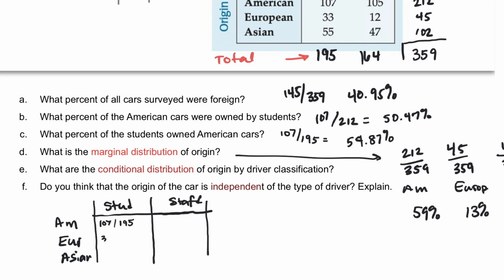European is going to be 33 out of 195. And then Asian is going to be 55 out of 195. For staff members, the same kind of thing. It's 105 out of 164, 12 out of 164, and then 47 out of 164.